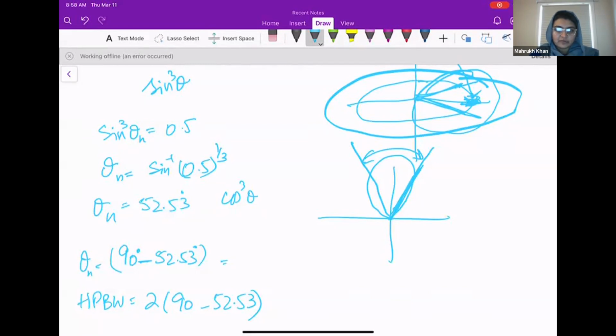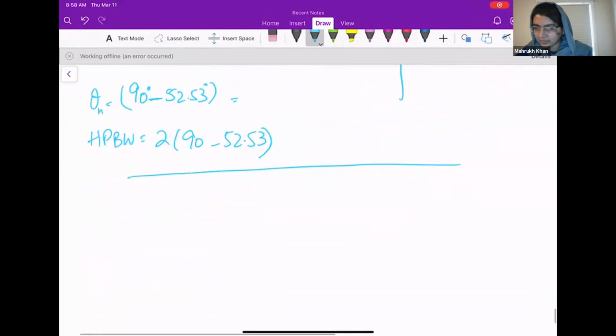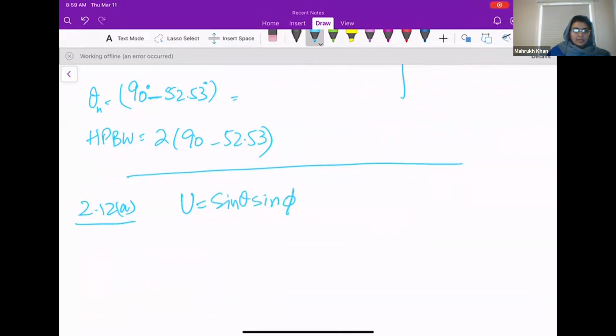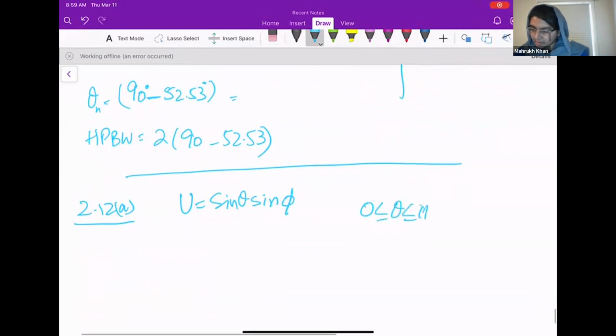So I will try to solve one of them. I will solve 2.12a. 2.12a is saying that you have normalized radiation intensity, that is sine theta sine phi. Both of them are 0 to pi, theta from 0 to pi and phi from 0 to pi.